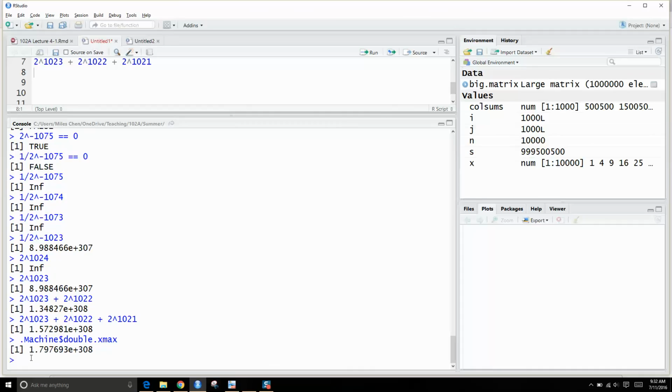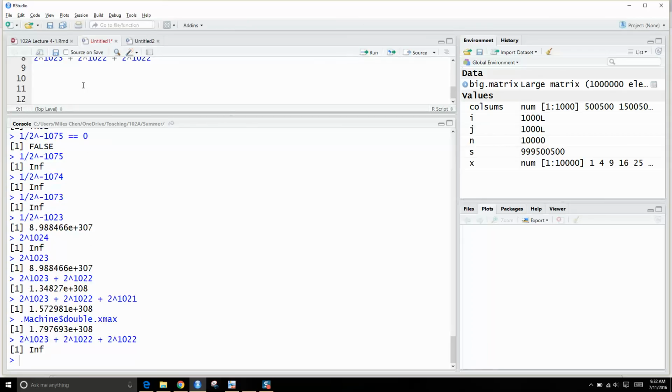Okay, so that's the biggest number I can represent. And if I try to add 1022 twice, that exceeds the real max. So I can't. Let's see. I'd have to do plus 2 raised to the 1020 to, I don't know, let's say 1,000.